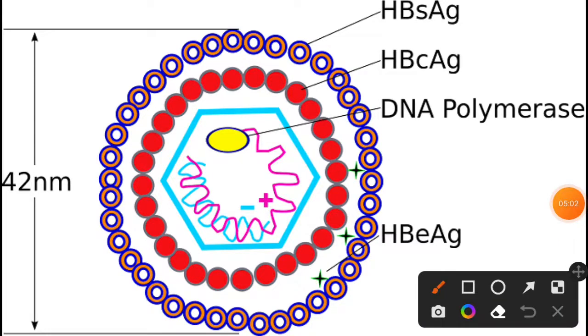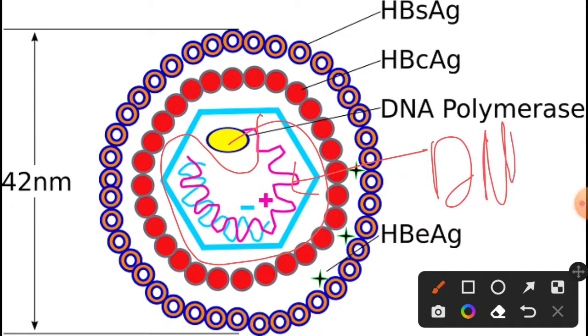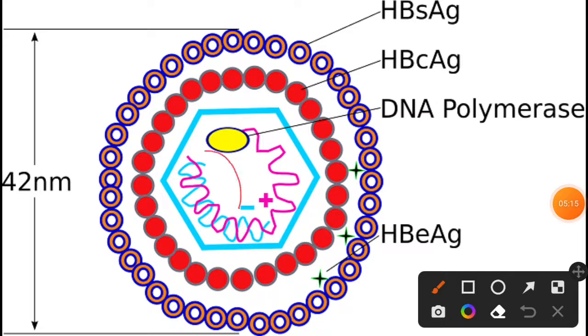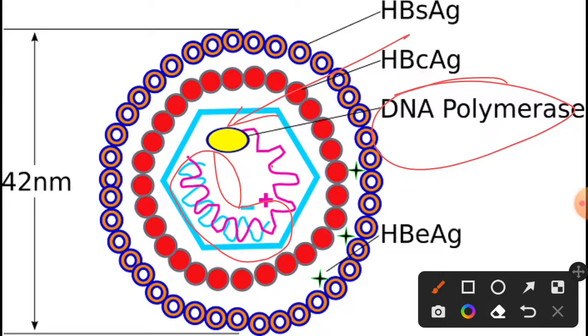As you can see, it is a DNA virus. But there is a special feature associated with it: the DNA molecule is partially double stranded instead of fully double stranded. It also contains its own DNA polymerase, because as it contains an unusual type of DNA that our normal cells do not contain, it needs its own enzyme to perform its replication.